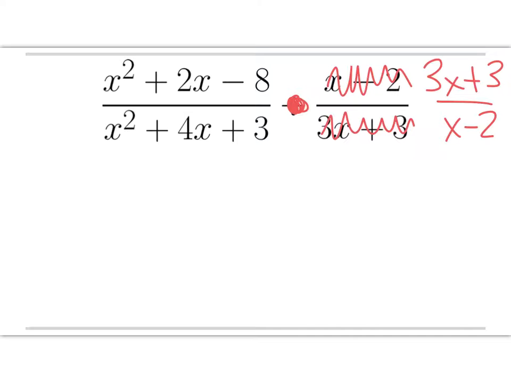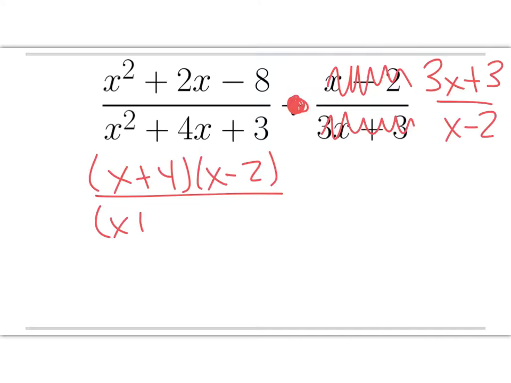And so now we can go ahead and factor. First numerator factors is x plus 4 times x minus 2. We've played with x squared plus 4x plus 3 before. We know that that's x plus 3 times x plus 1. We're multiplying by the reciprocal of the original divisor.